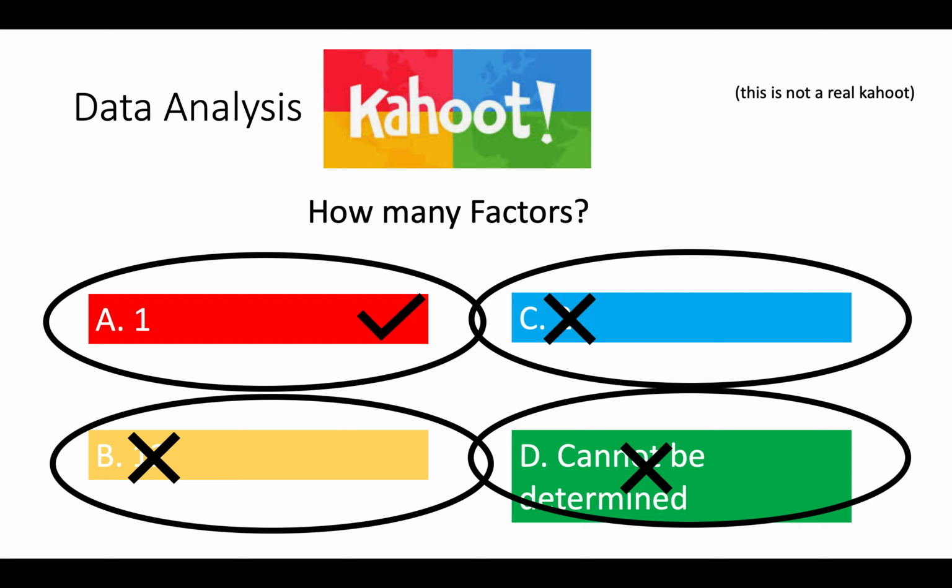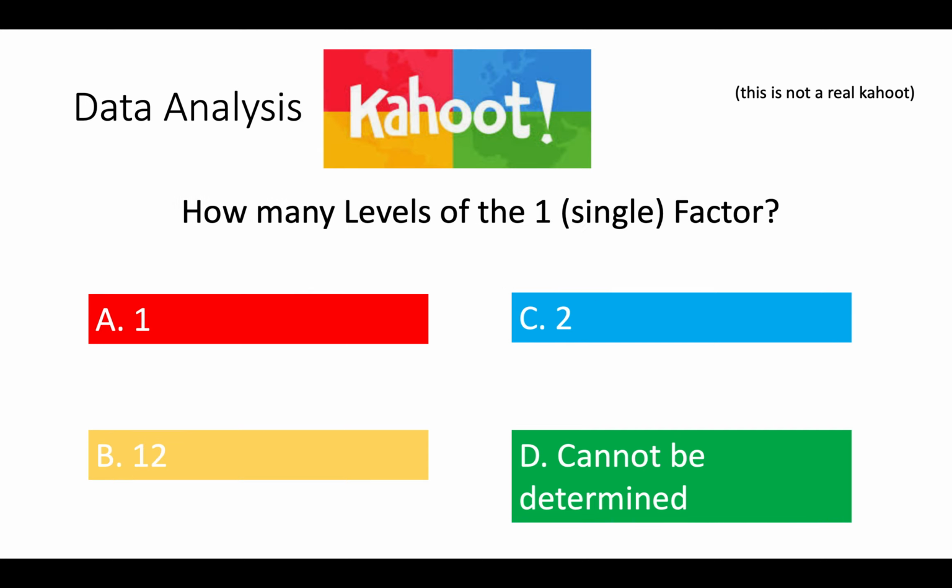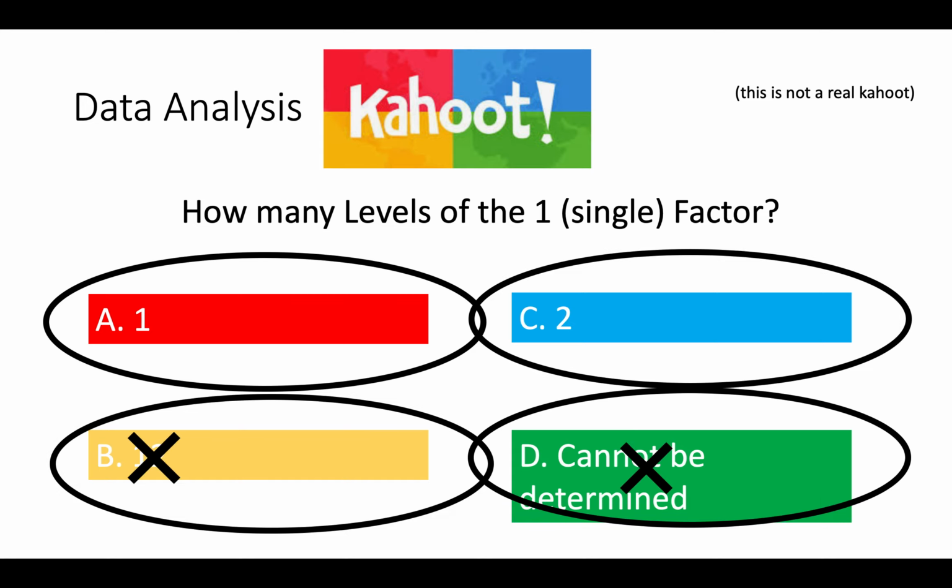There's one factor in this design. That factor is method. Now, how many levels of the single factor? Well, there are 2 levels. There are 2 levels to the method factor.